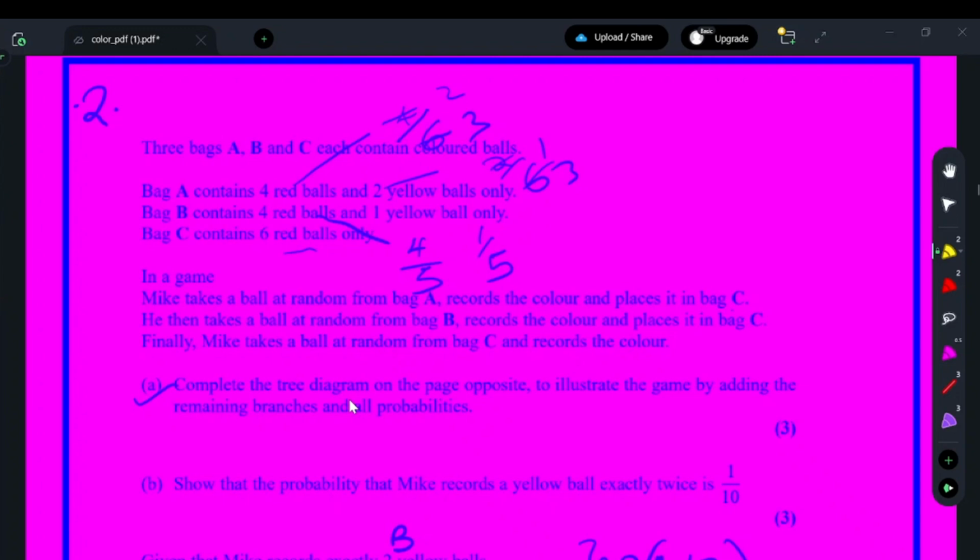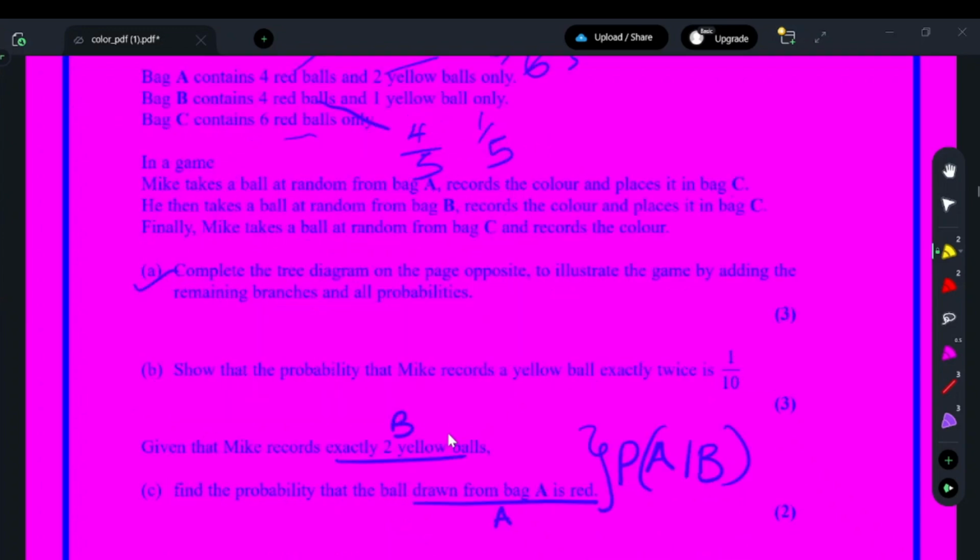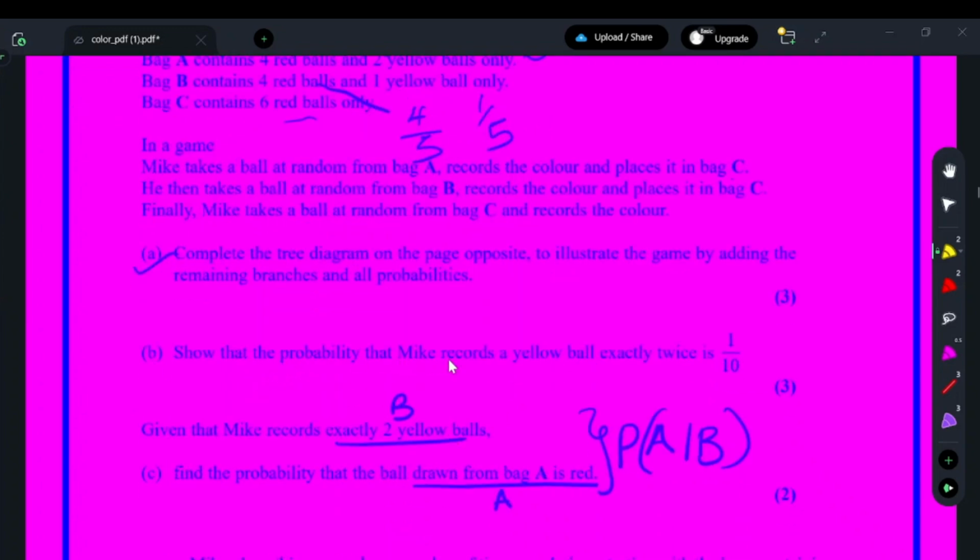Your turn to complete the tree diagram to illustrate the game by adding the remaining branches and all probabilities. Then we need to show that the probability that Mike records a yellow ball exactly twice is 1 over 10.